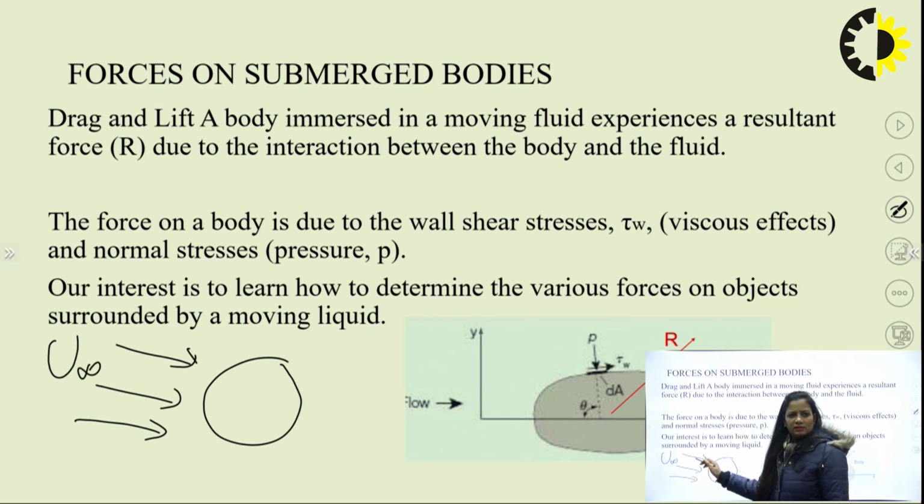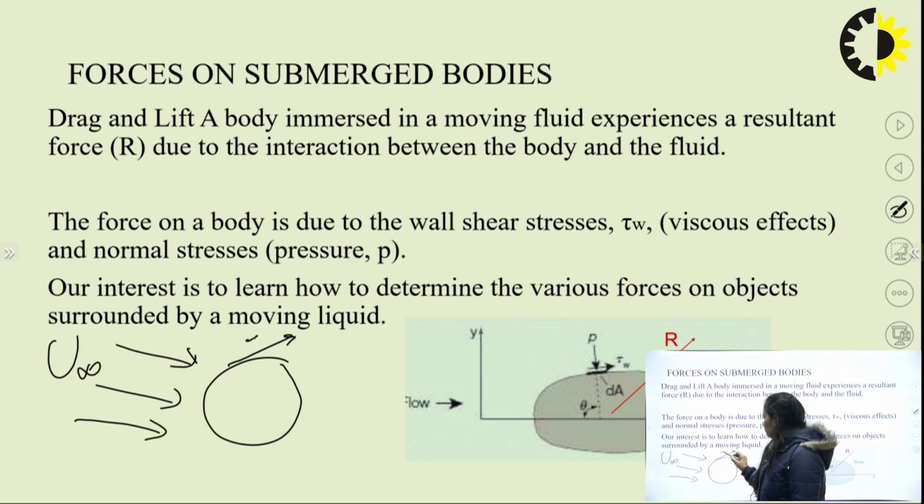Let us suppose this u infinity is the free stream velocity, and this object is submerged in that flow. When that fluid comes in contact with this object, two types of forces will come.